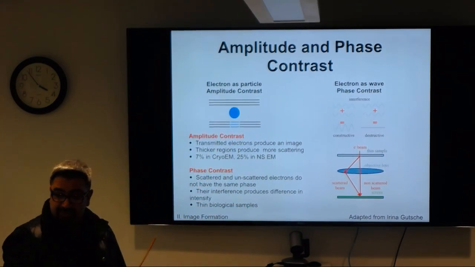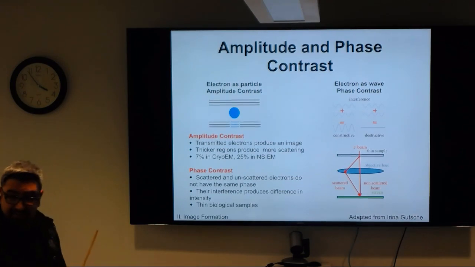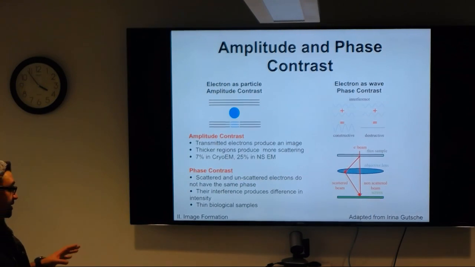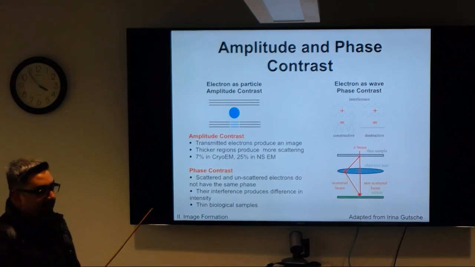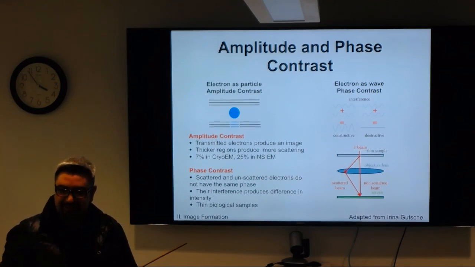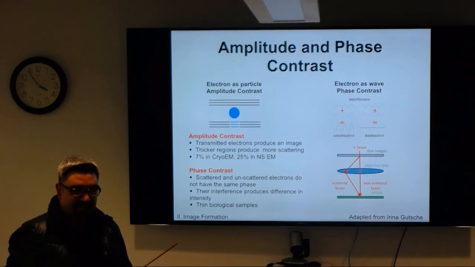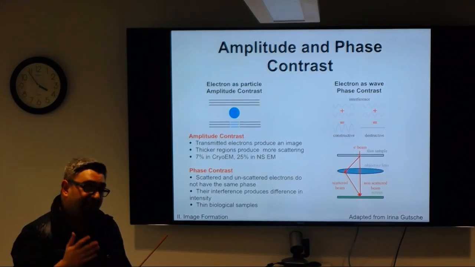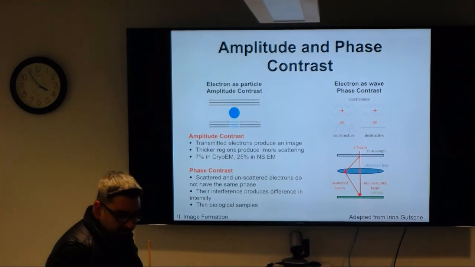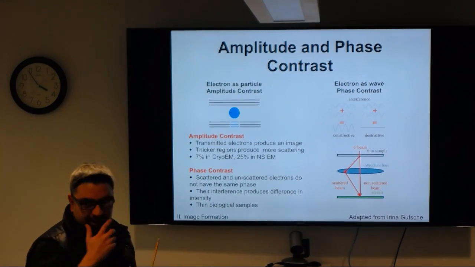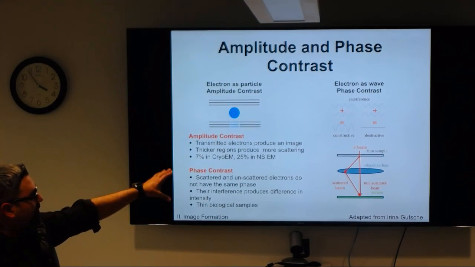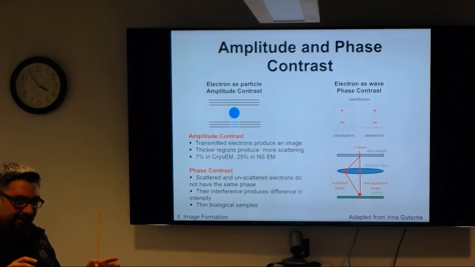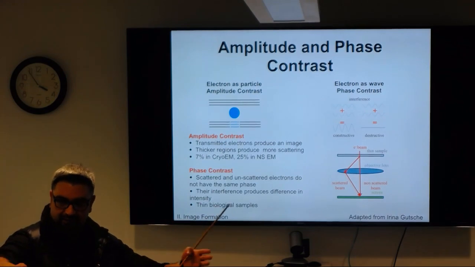These two types of electrons don't have the same phase. Their interference produces differences in intensity. And so thin biological specimens have phase contrast, so we treat them as phase objects. And I believe Grant Jensen used the example of throwing a stone into a lake and seeing the ripple effect of the waves.